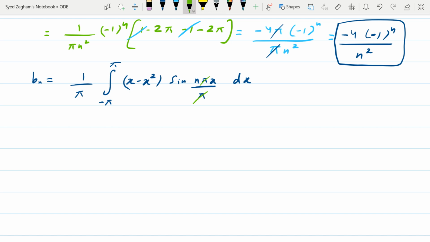Now again, this is a simple integration by parts which I am leaving to you. I am confident that all of you are capable of doing integration by parts at this level.